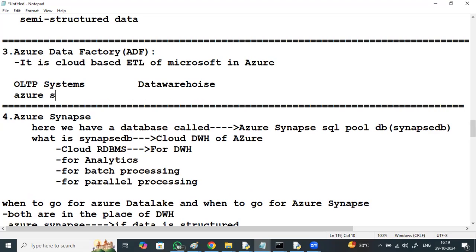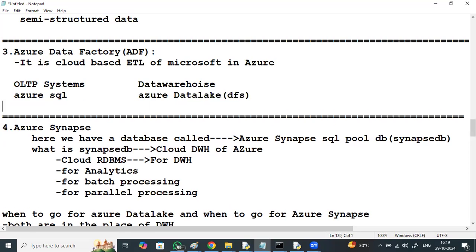Azure SQL is an OLTP. And what are the things which come in data warehouse? Azure Data Lake comes in this. Azure Data Lake is a distributed file system, and also Azure Synapse.